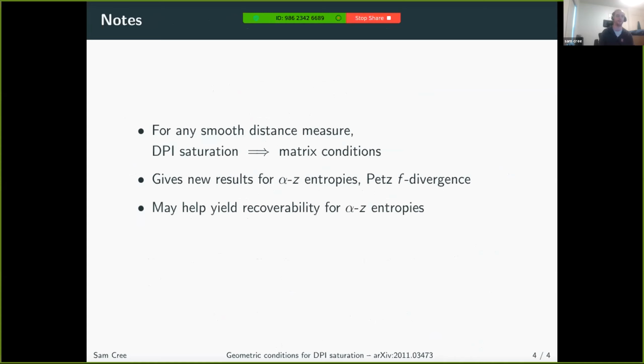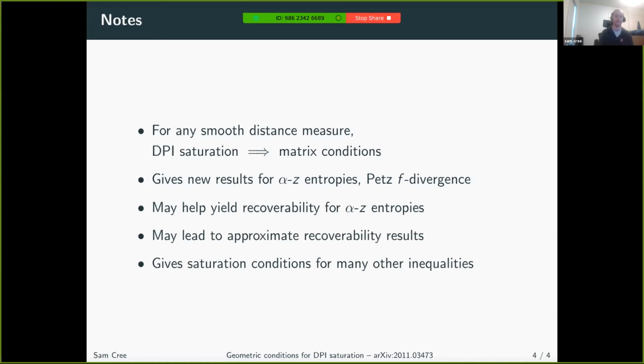And we're hoping that maybe that'll help us to find recoverability for alpha-z entropies, which as far as I'm aware is not known, whether, and for what ranges of alpha and z, that actually holds. We're also hoping that taking this approach may lead to some approximate recoverability results, and that this idea, straightforward as it is, may actually give new saturation conditions for many other inequalities.